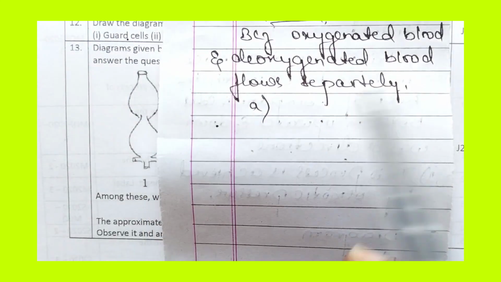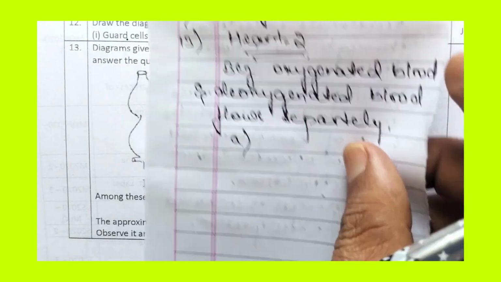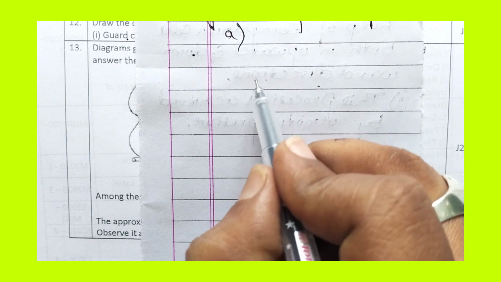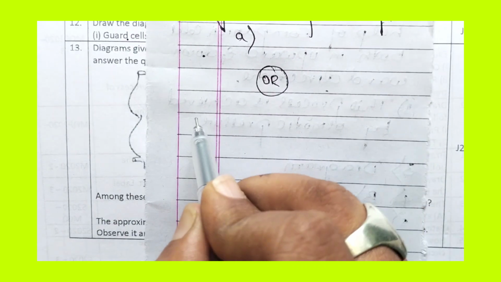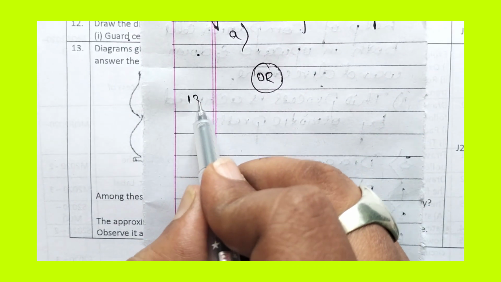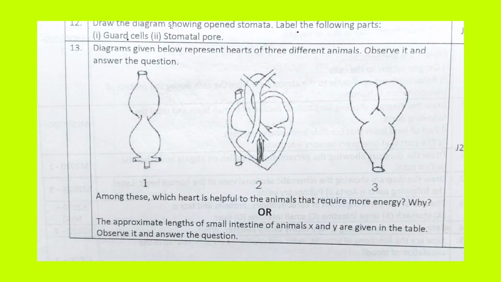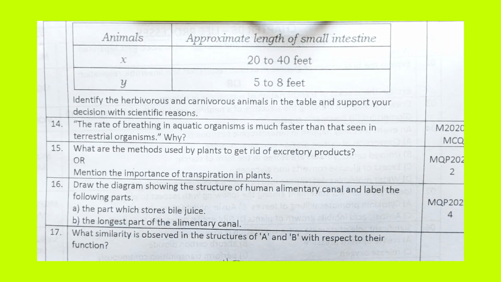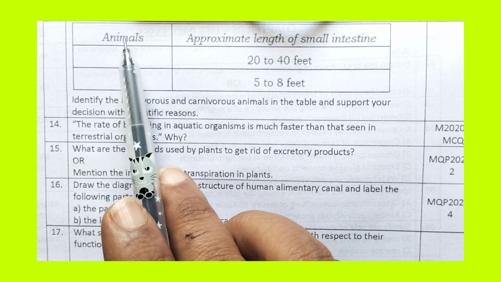Now let us move to the 14th question. In the 13th there is another internal choice question. So let us answer that internal choice question of the 13th question. The question is, the approximate length of small intestine of animal X and Y are given in the table. Observe it and answer the following question. This is the table they have given.